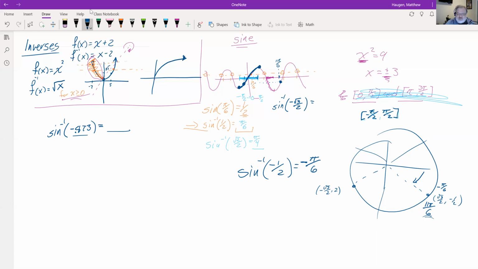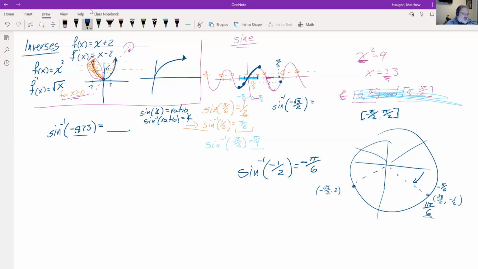Remember, the sine function takes in an angle and gives out a ratio. So the inverse function's job is to take in the ratios and give us back the angles. We have a sine ratio of negative 0.873, and we want to know what angle that was.